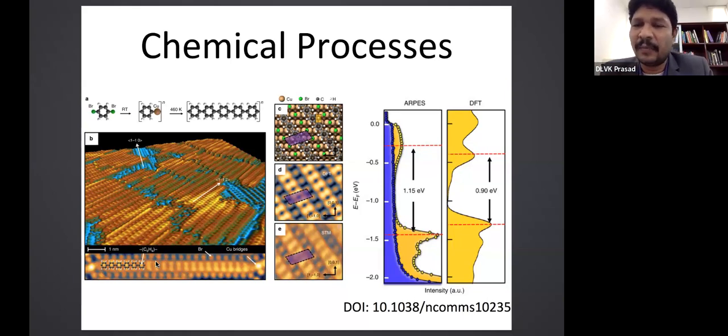So all these chemical processes can be studied using quantum mechanics, either experimentally or by simulations. However, doing them experimentally is an extremely challenging task, both economically and time-wise. This can be simulated using high-throughput computations or high-performance computational modeling in silico.